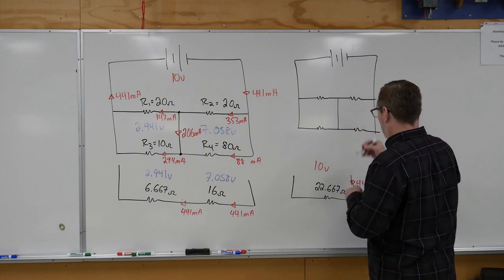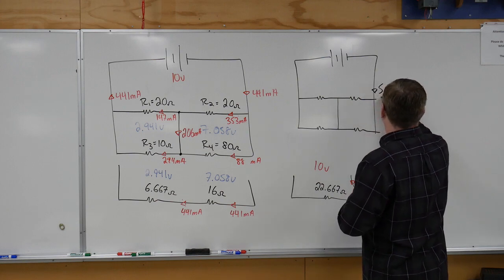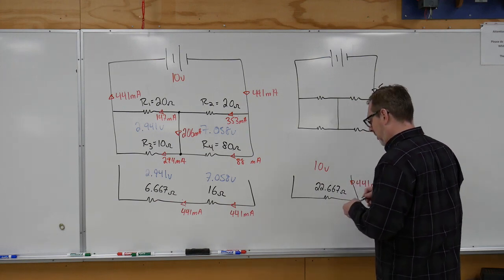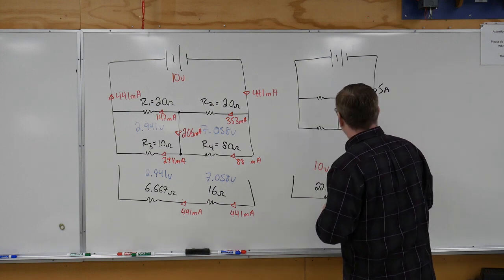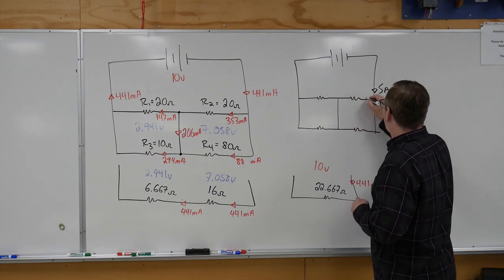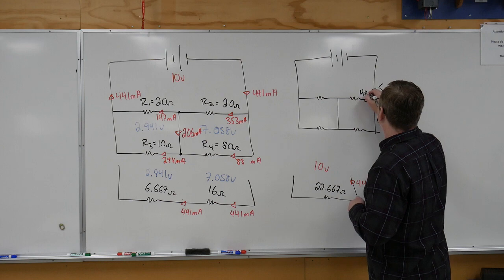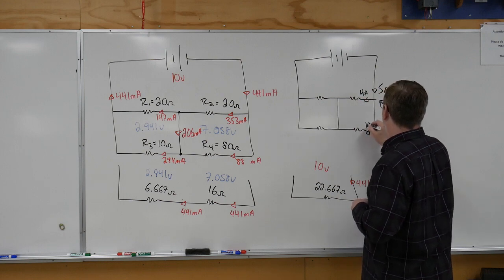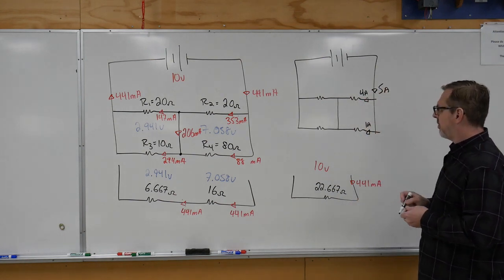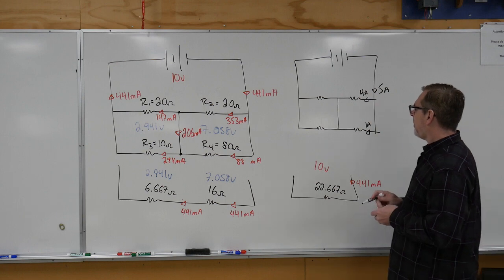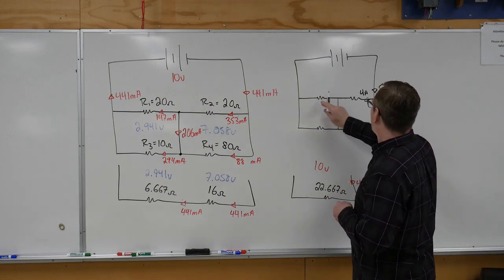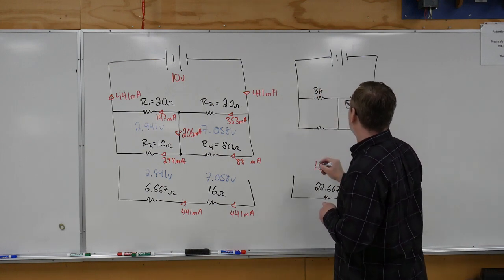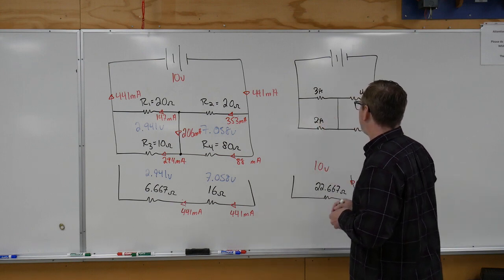So, if I told you that we had 5 amps flowing in here, okay, and that 5 amps, based on the resistance here, we had 4 amps there and we had 1 amp flowing in each of these branches, okay? But then over here, we had 3 amps there and we had 2 amps here.